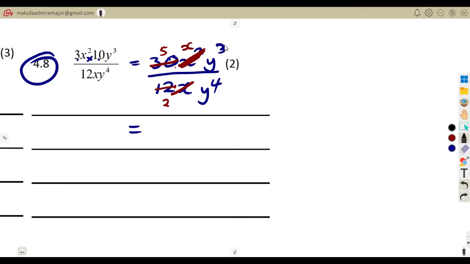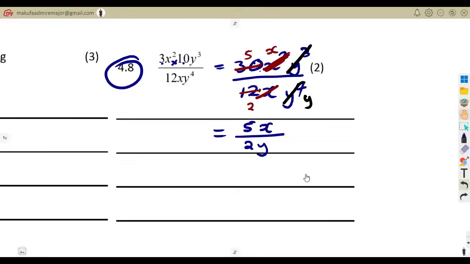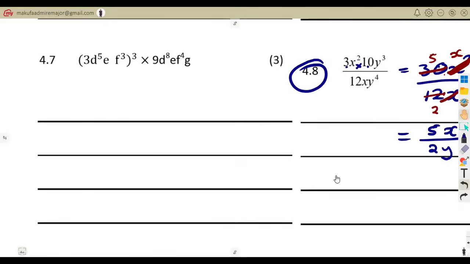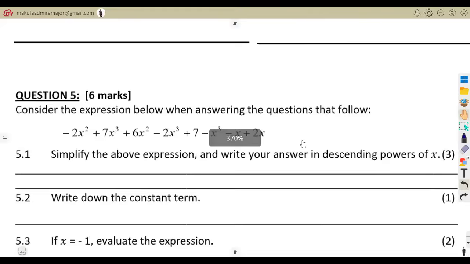If we divide, how many y's are we going to remain with? It is going to be 1 y. So that is 5 times x, which is 5x over 2 times y, which is 2y. Just like that. So in your mathematics, guys, you just have to be careful with the questions that you are given.